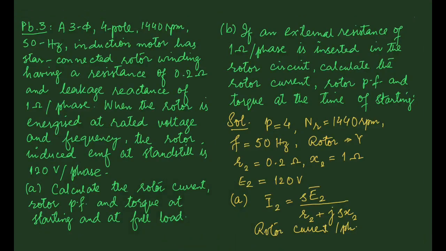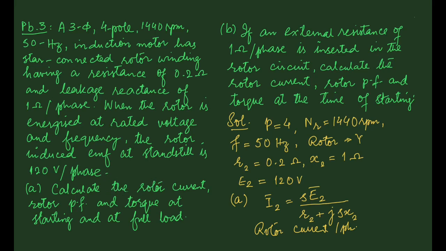Let's now solve a numerical problem. A three-phase, four-pole, 1440 rpm, 50 Hz induction motor has star-connected rotor winding having a resistance of 0.2 ohm and leakage reactance of 1 ohm per phase. When the rotor is energized at rated voltage and frequency, the rotor induced EMF at standstill is 120 volt per phase.